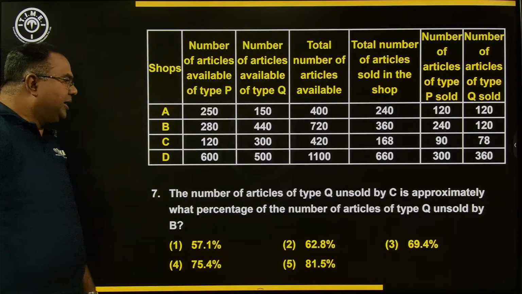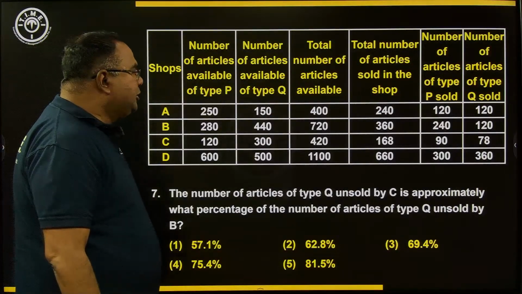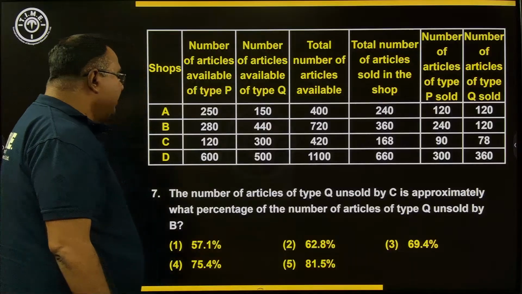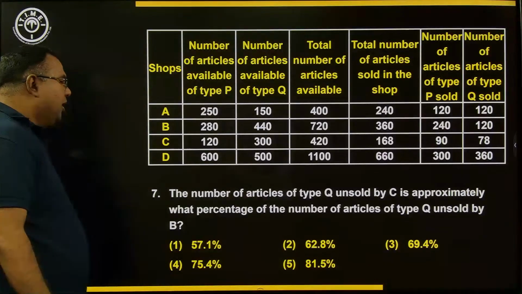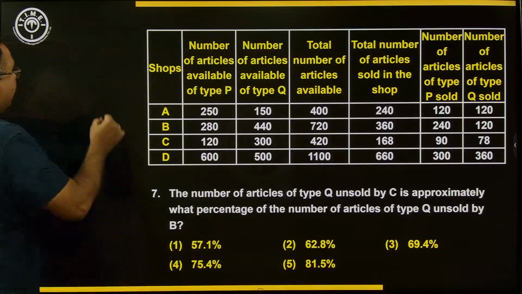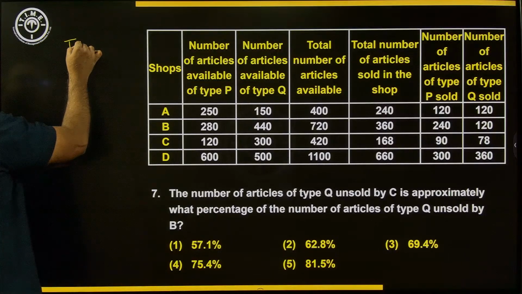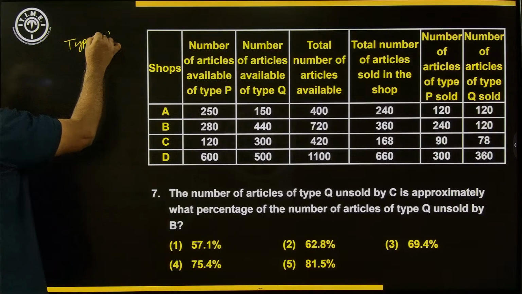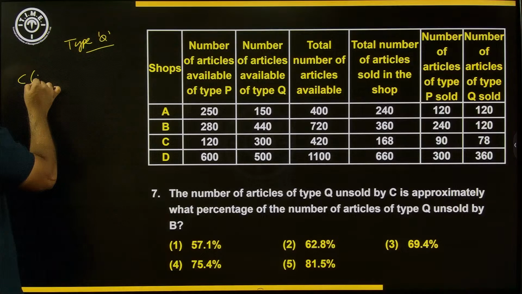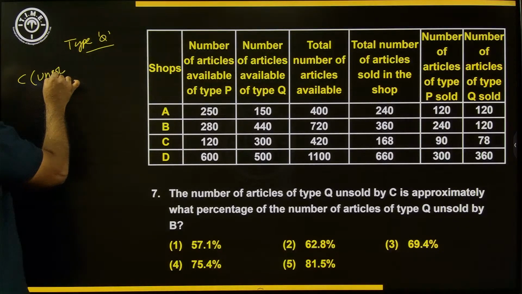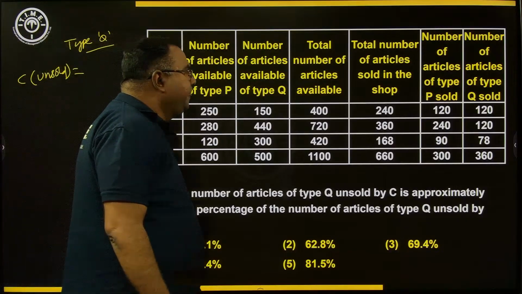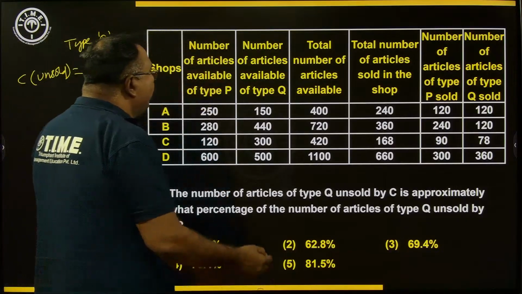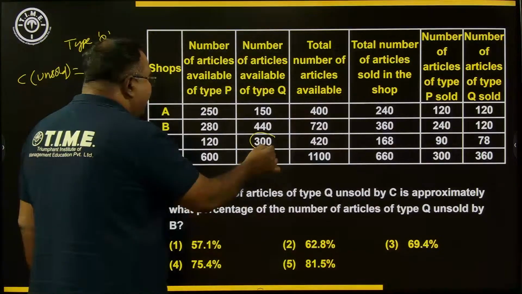The number of articles of type Q unsold by C. Approximately what percentage of the number of articles of type Q unsold by B? Okay. Type Q, C unsold. Now type Q, how many articles are available in C? 300.